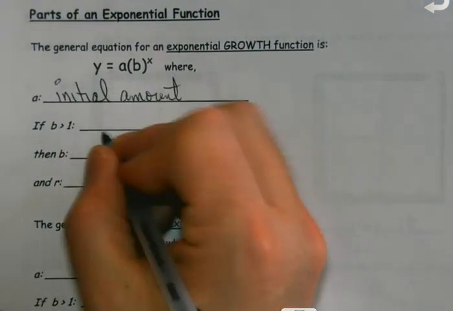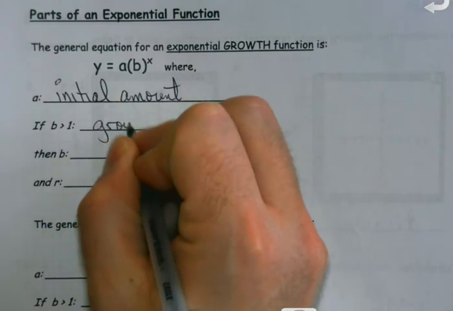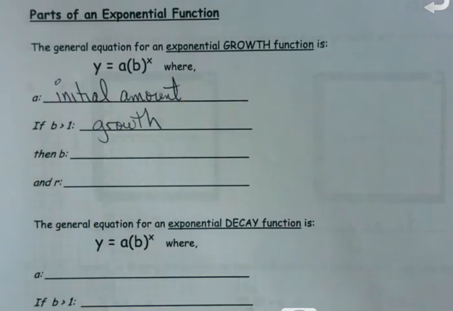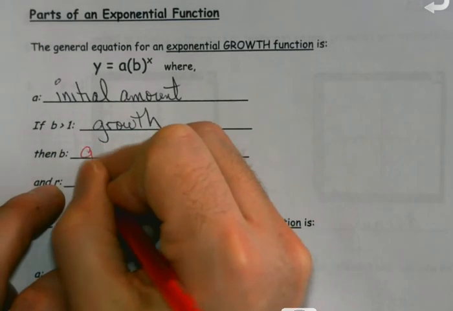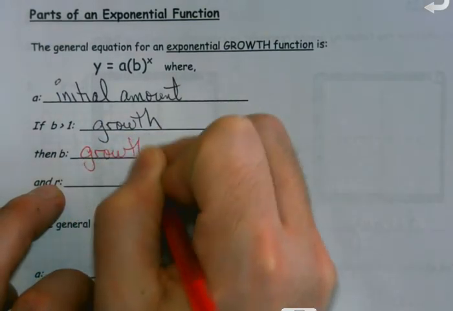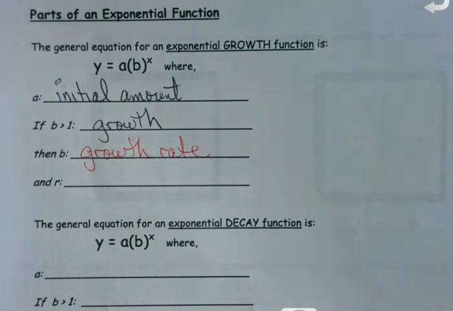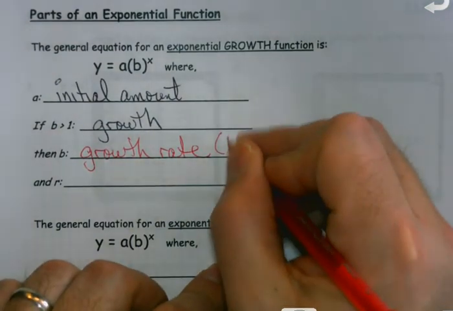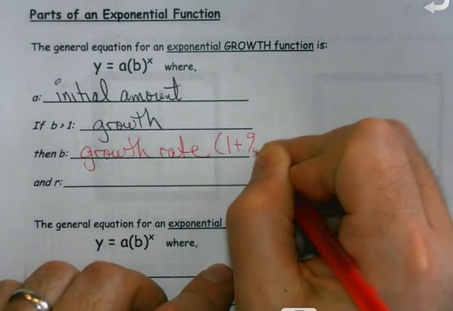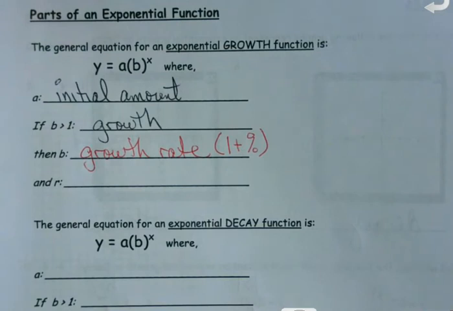As long as b is greater than 1, we know it's growth. But then come the two parts we haven't talked about a whole lot yet. You're like, what do you mean, then b? We just said what b is. It tells us if it's growth. B itself is going to be my growth rate. Okay? And that's always going to be 1 plus the percent that I'm working with.